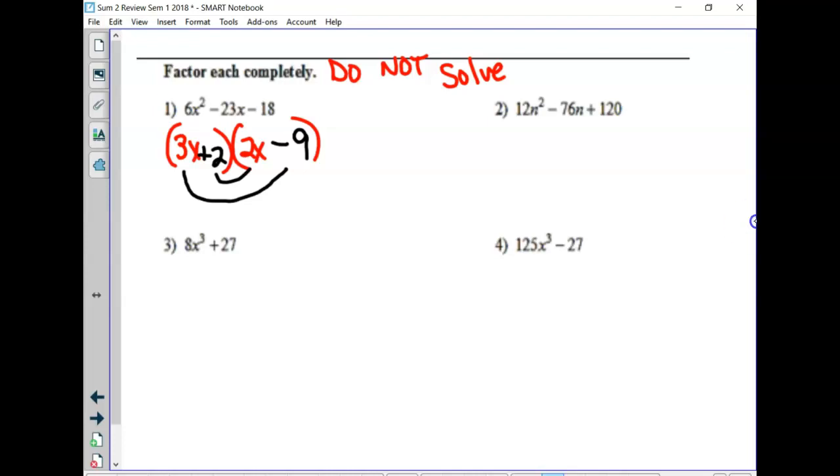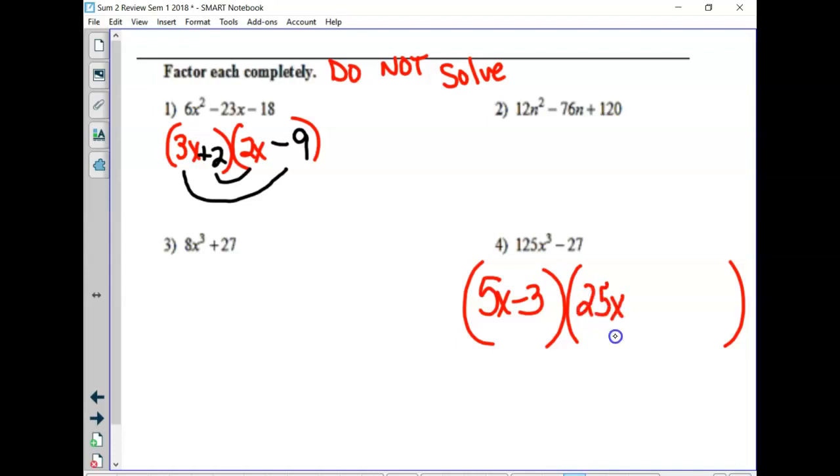All right, you want me to do 3 or 4? I would like to do one of those cubics. Okay, number 4. What is the cubed root of all that mess? 5x minus 3. Okay. The second parenthesis becomes 5x times 5x, which would be 25x squared.